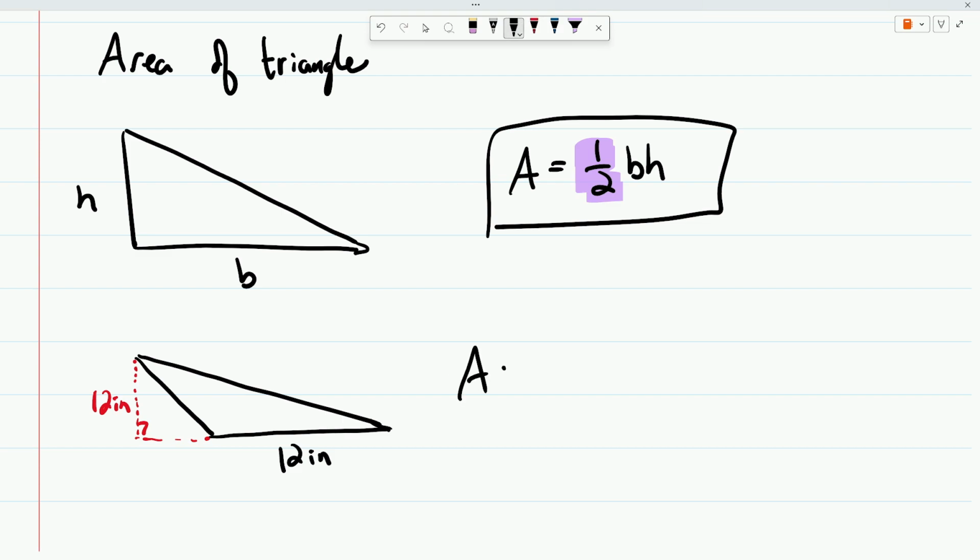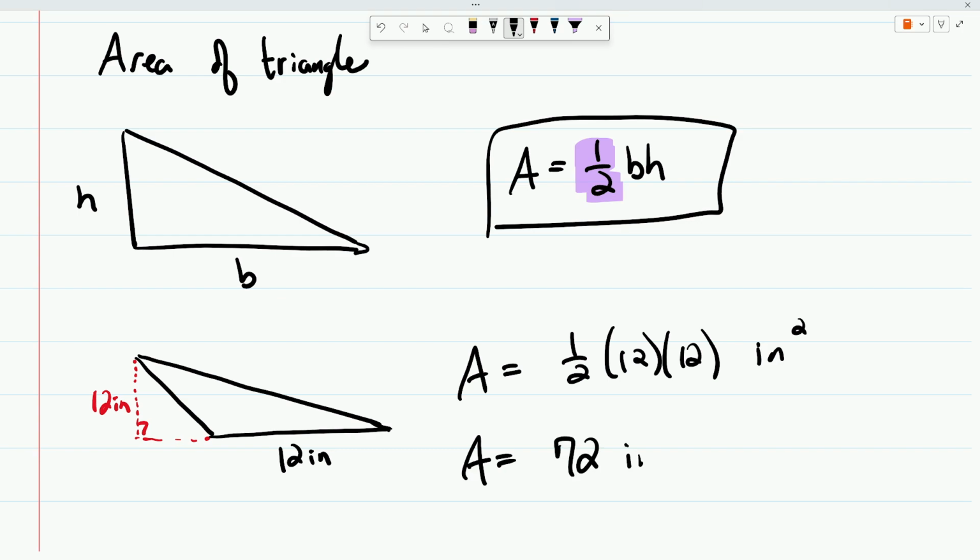So area is going to equal 1/2 times the base times the height, inches squared. So area here would be 12 times 12 is 144, divided by 2 would be 72 inches squared.